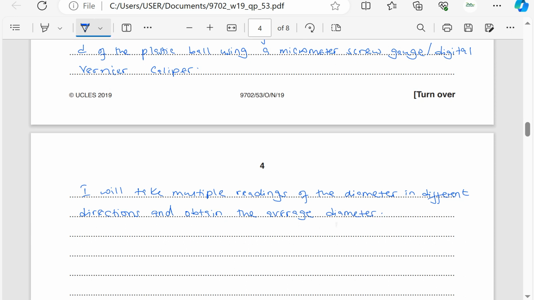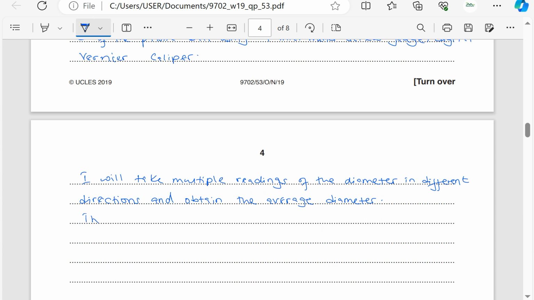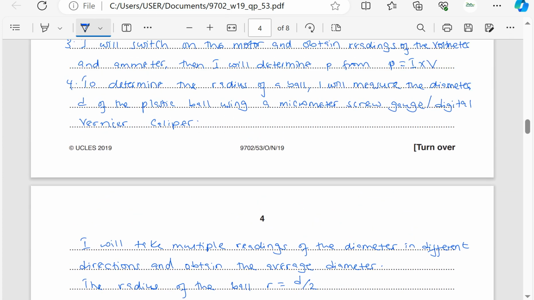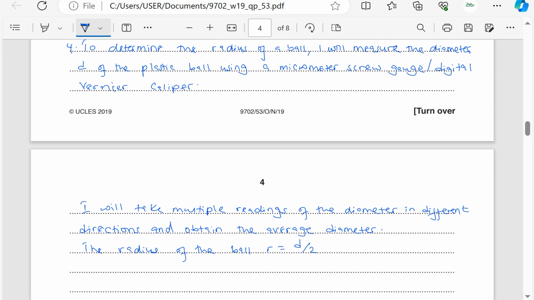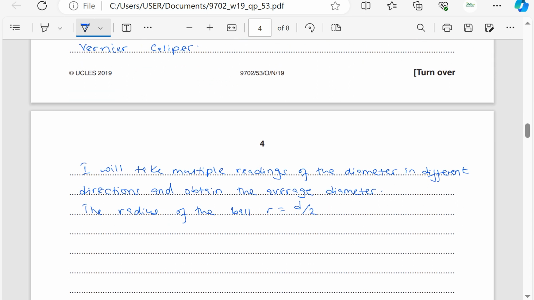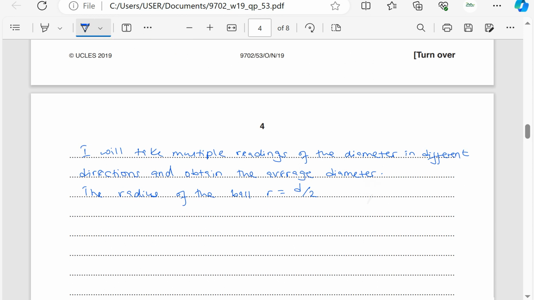But this is not enough to tell me the radius. So what is the radius? The radius of the ball is just diameter divided by 2. So you tell the examiner that the radius of the ball R is going to be the diameter, which I called D, divided by 2. This point gives you almost 2 to 3 marks. You're measuring the diameter using a micrometer screw gauge. You are telling the examiner how you repeated the measurements to obtain the average, and you are talking about how to deduce the radius from the diameter.